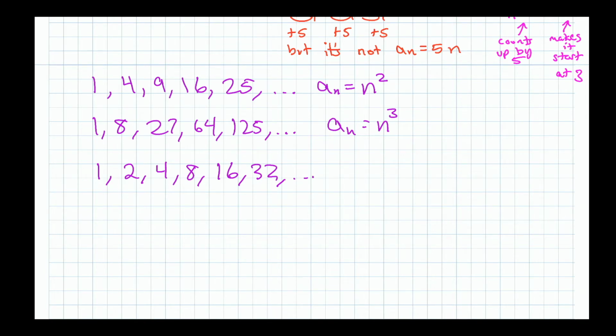But here you would need to recognize that 1, 2, 4, 8, 16, 32, those are all powers of 2. So that's like 2 to the n, right? The difference is where's the n? In the exponent or in the base? But you need to recognize that kind of thing when you see it happen. Otherwise, you're not going to be able to get the right formula.